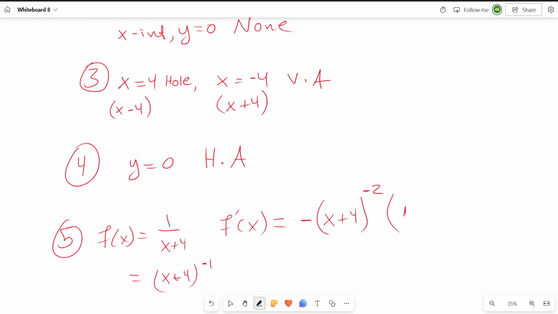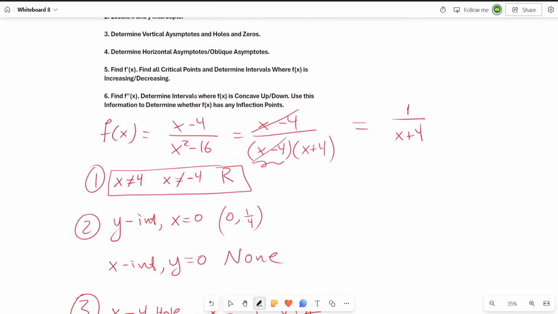Differentiation of x plus 4 is basically 1. So our f dash of x is equal to negative 1 over x plus 4 squared. Now, let's try to find if there are any critical or stationary points.